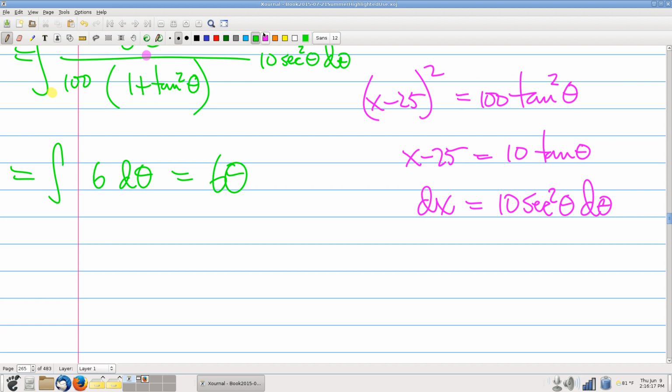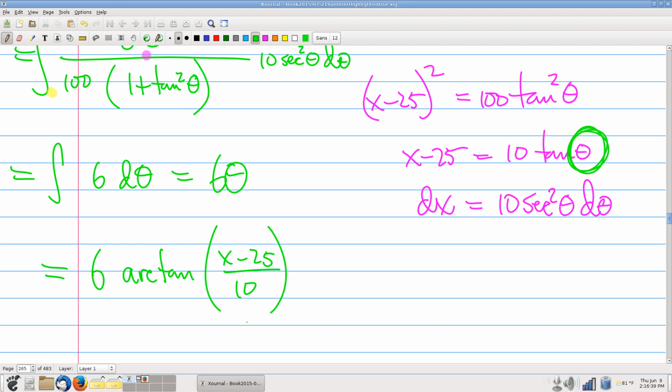So what is theta? Well, you could solve for theta here. So theta is arctan of x minus 25 over 10, and that is what you plug in 0 to 50.